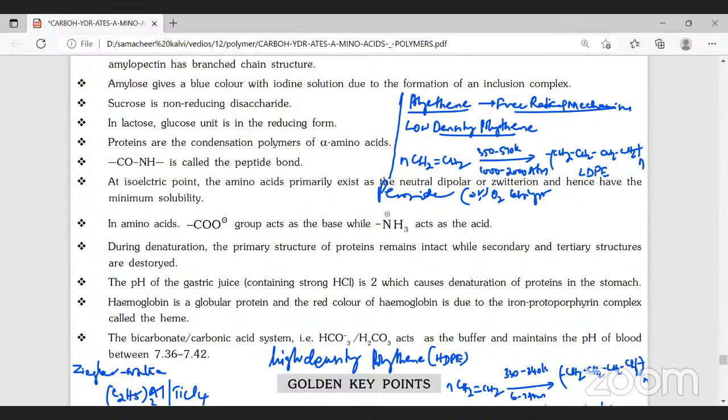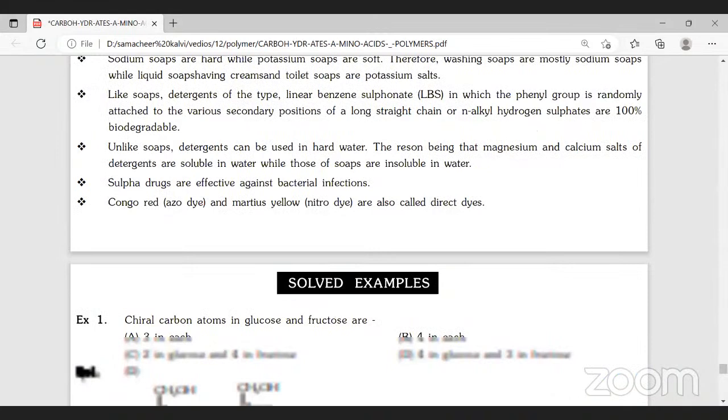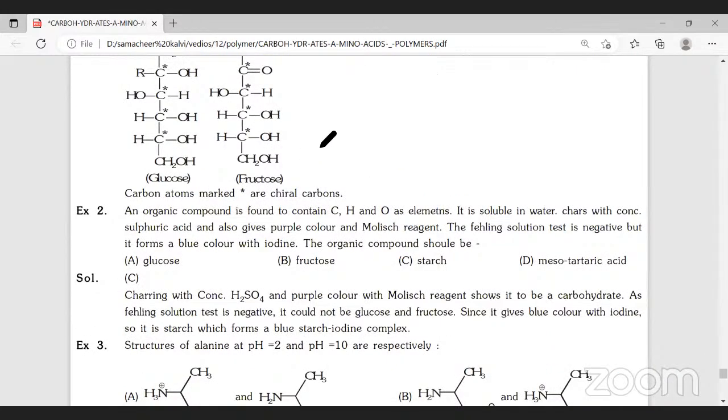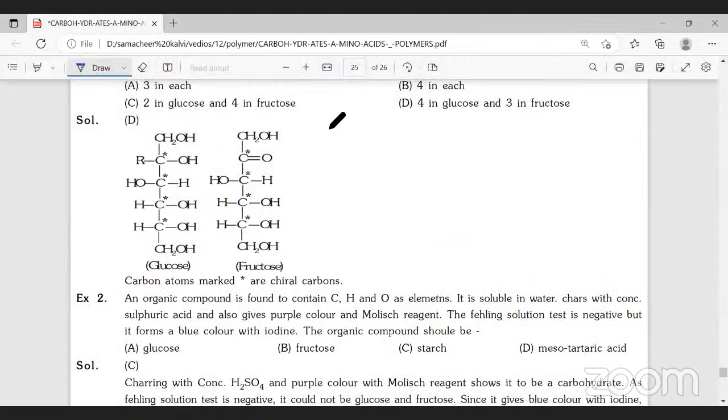The next polymer which we are supposed to learn is polytetrafluoroethene.